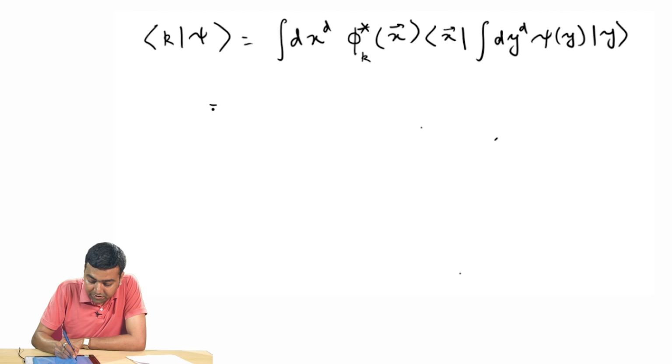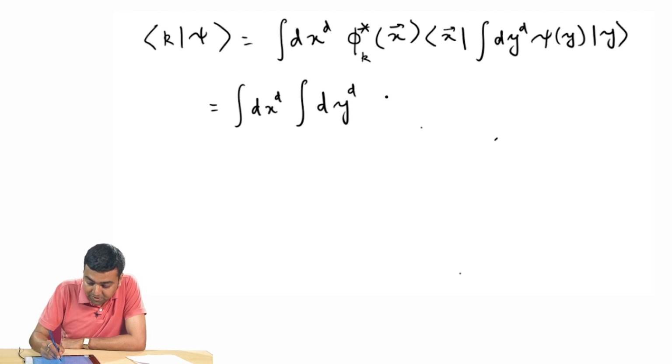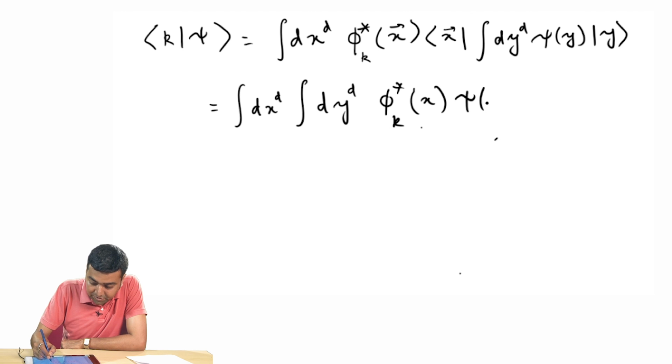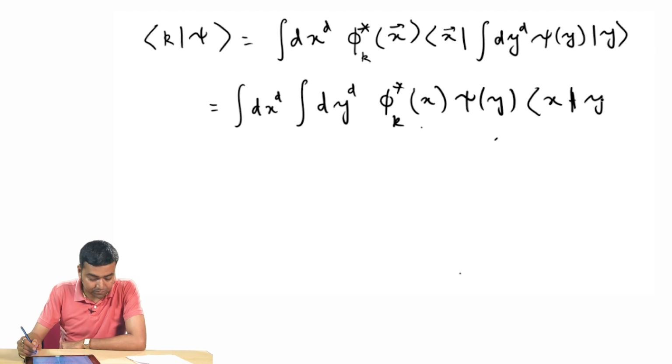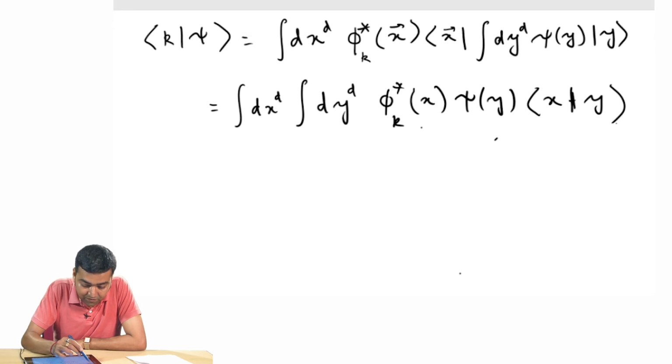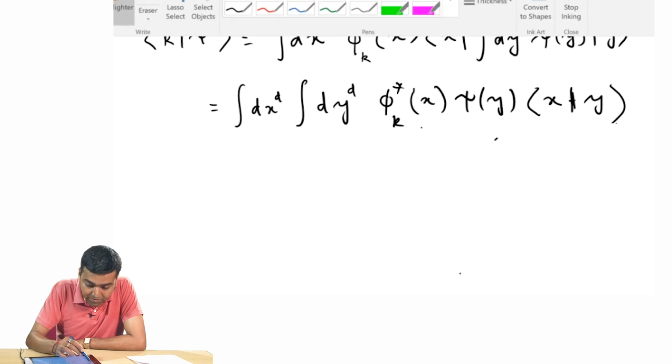If I work out this algebra, let me bring out the integrals together: dy dx, then I will get phi_k star of x, psi(y), and I will get <x|y>. Now, if we club the following terms together, the ones which I am marking with red color.